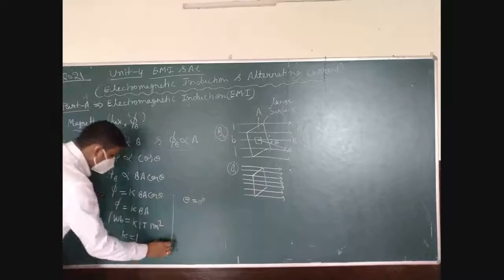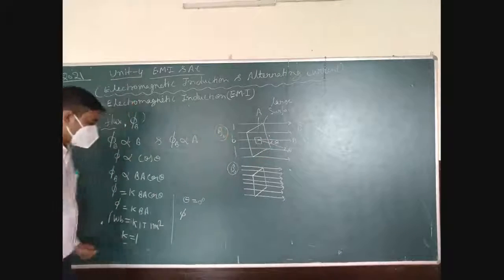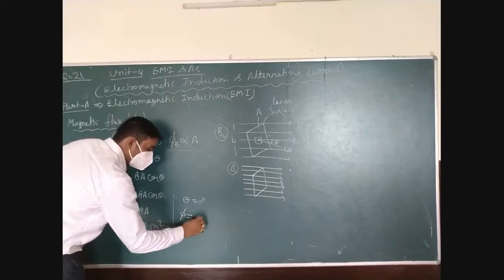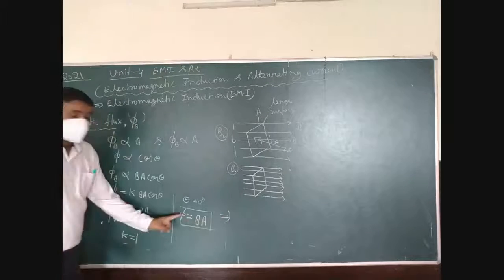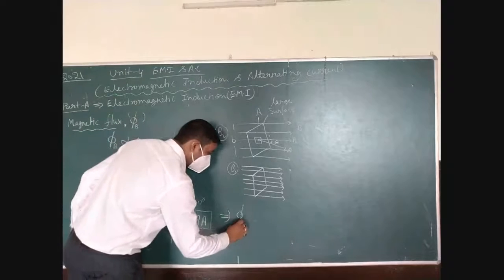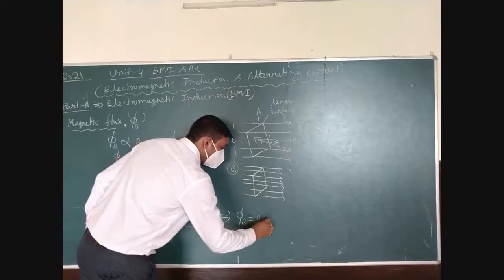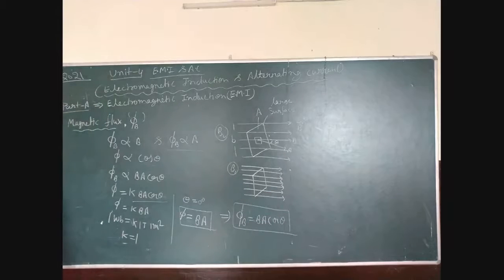Therefore, the flux crossing the surface is equal to BA. Flux is a scalar quantity, and from this relation we get phi B is equal to BA cos theta. This is the flux linked with or crossing the surface at an angle theta.